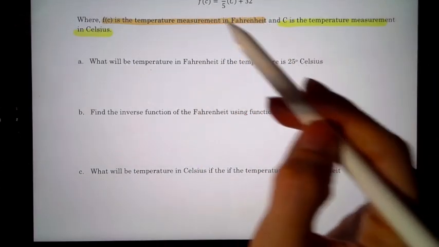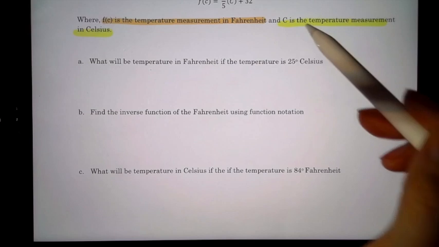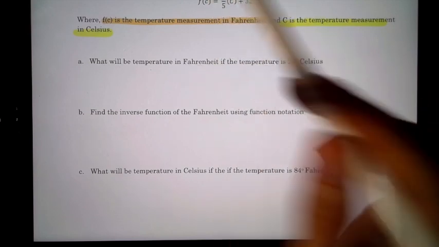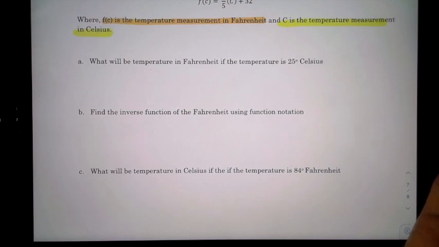So Fahrenheit, that's why we use F. Celsius, that's why we use C, right? If you change it to X and Y, then probably you get confused more. So I'm gonna keep F and C, alright?